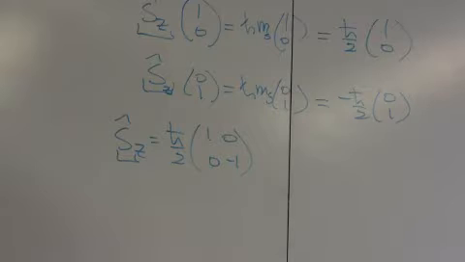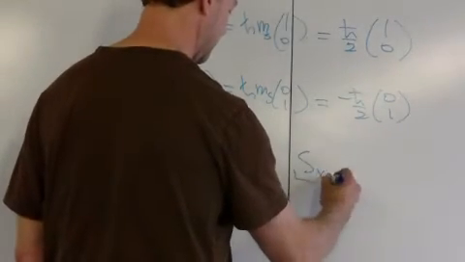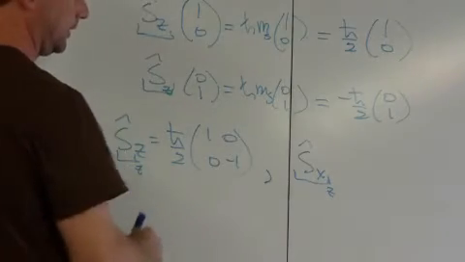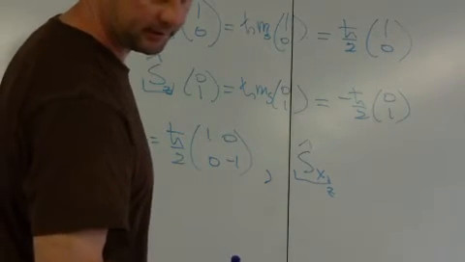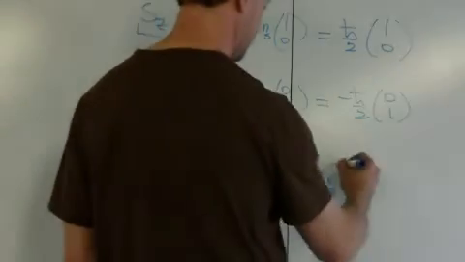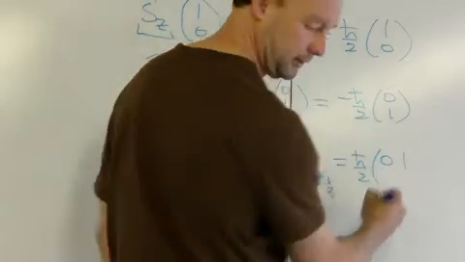Okay? You can go on to build Sx, again in a Z basis. So this is all in a Z basis. And Sx in a Z basis equals ħ/2 times (0, 1; 1, 0).